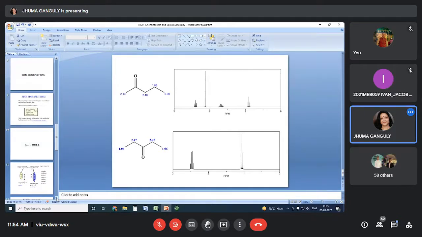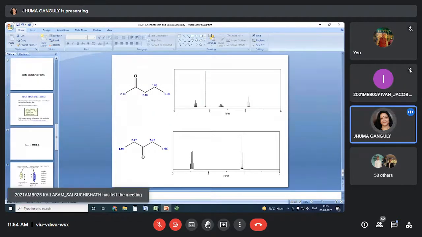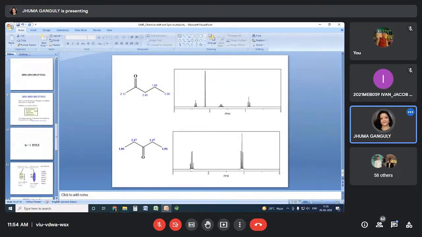Initially I will describe some areas, like in proton NMR, aromatic protons come at 7.2, and where the aldehyde proton will come. This I will tell, and then I will give you some molecules. You will tell me their chemical shift and tentatively the spin multiplicity and the n+1 rule.